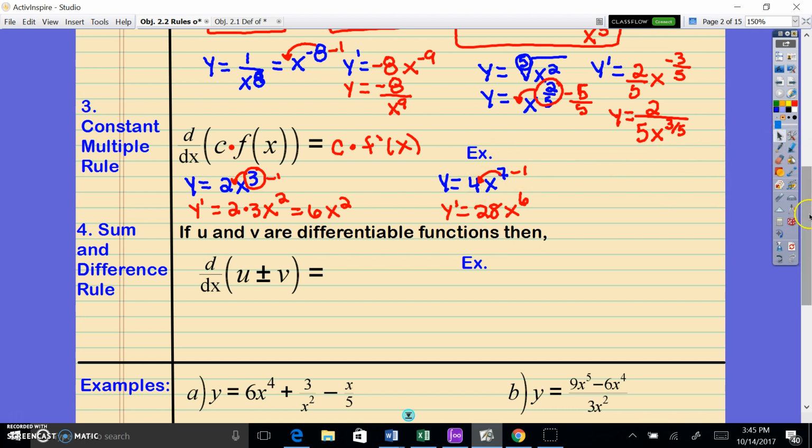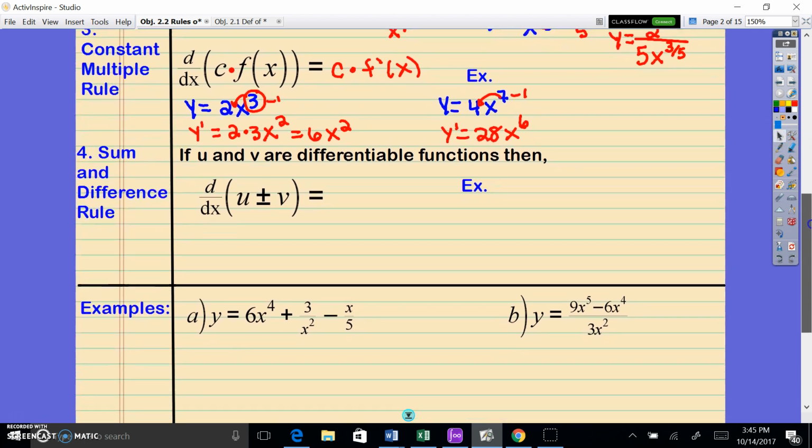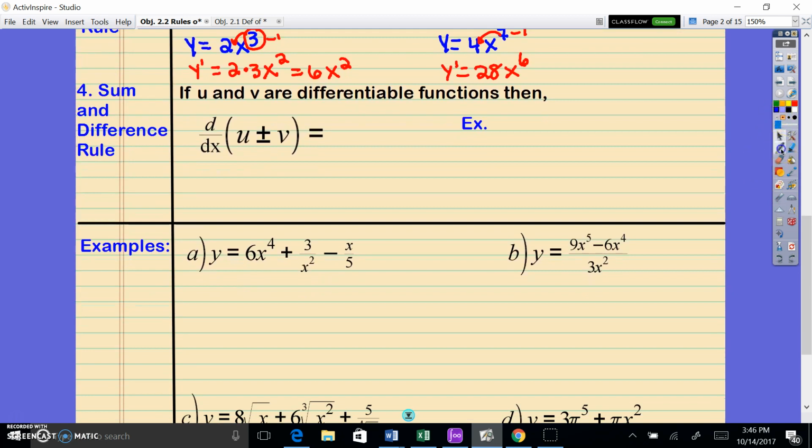All right, let's do the last rule here, the sum and difference rule. The sum and difference rule, they're using the variable u to represent a function and v to represent a function. So if you're adding or subtracting a function, the derivative of that sum or difference would simply be the derivative of each function, and then either plus or minus, depending on what it is, the derivative of the next one.